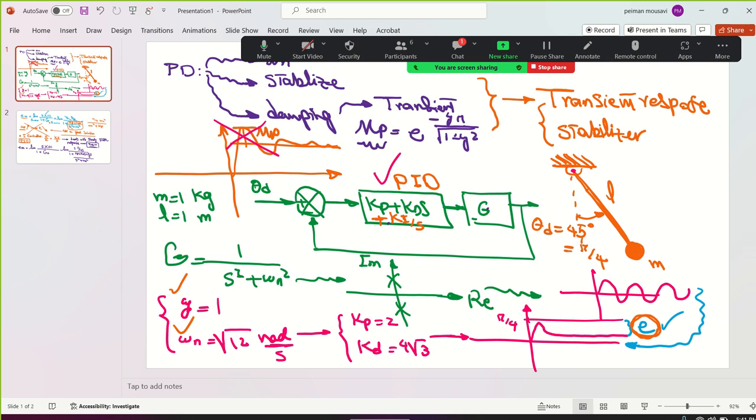This multiplied by this is your new open loop transfer function, G new PID. You got it, everybody? I just added I.